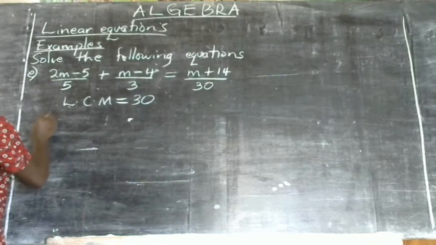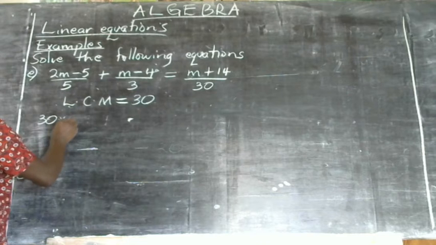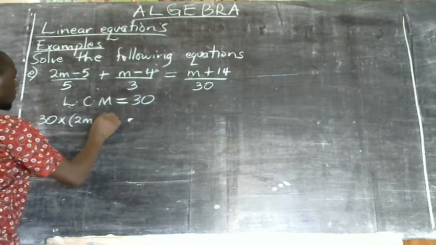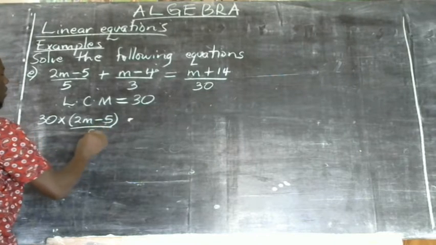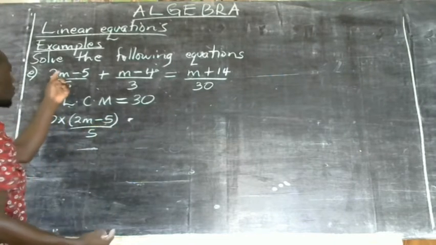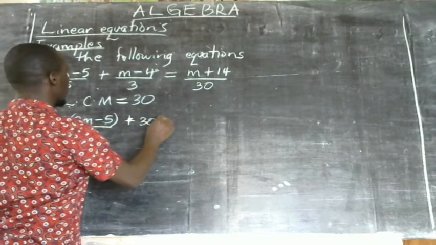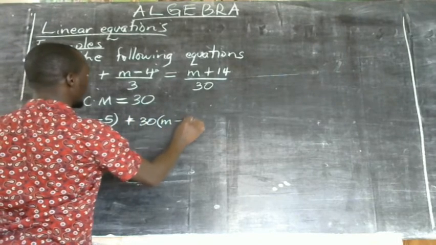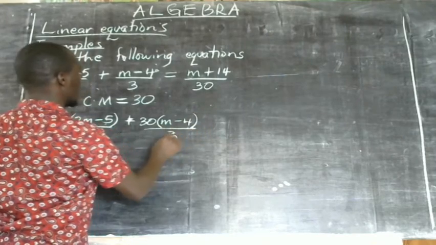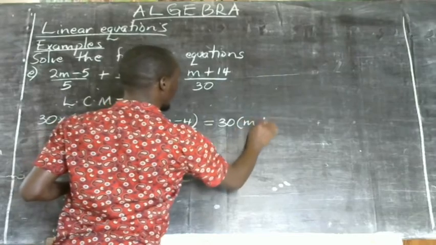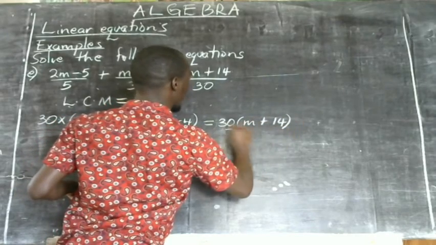So I get my 30 times the 2m minus 5 all over 5. I've said I'm going to put brackets on those things there, plus 30 into m minus 4 all over 3 is equal to 30 into m plus 14 divided by 30.